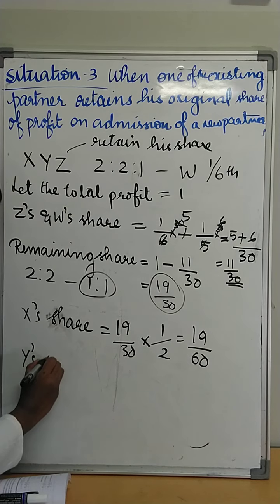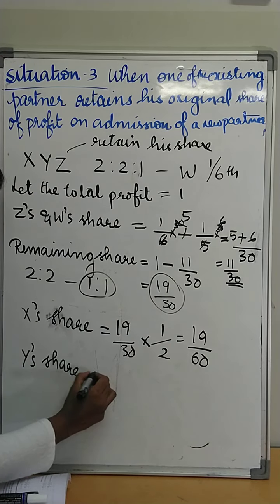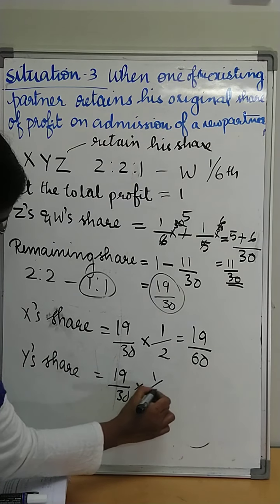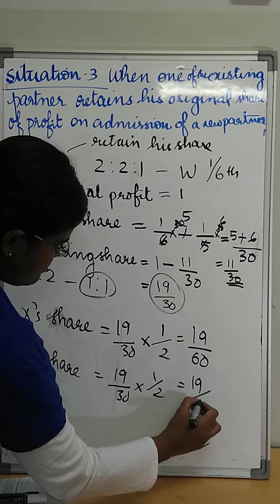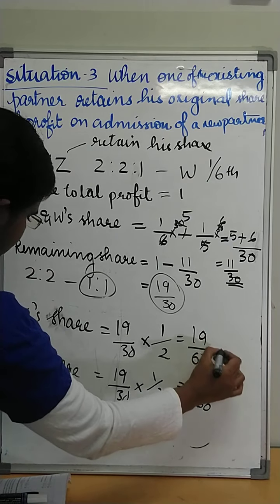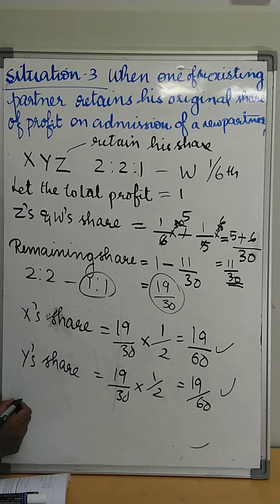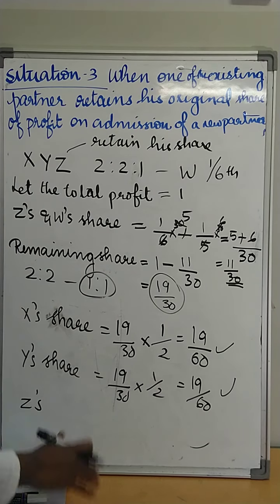Then Y's share is the same, 19/30 into 1/2, so 19/60. Z's share will remain the same.